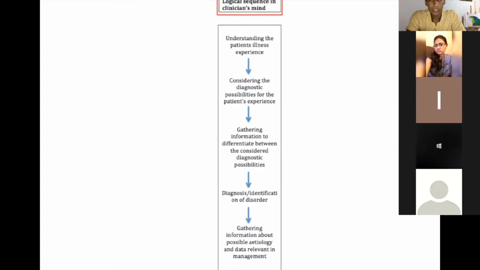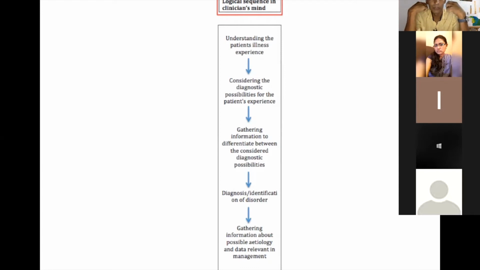When experienced clinicians do clinical assessments, we follow this sequence, right? First, we try to understand the patient's illness experience. That is what the patient is experiencing. What are his symptoms?